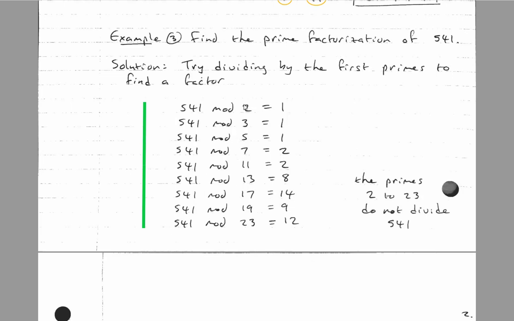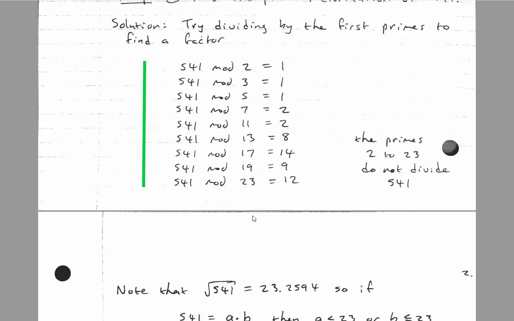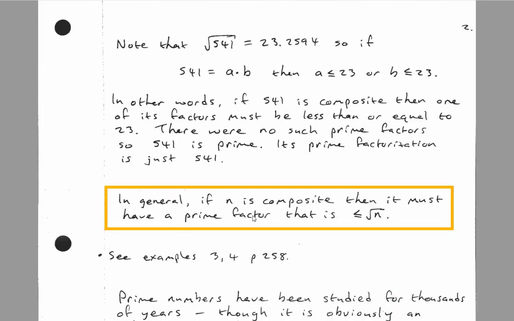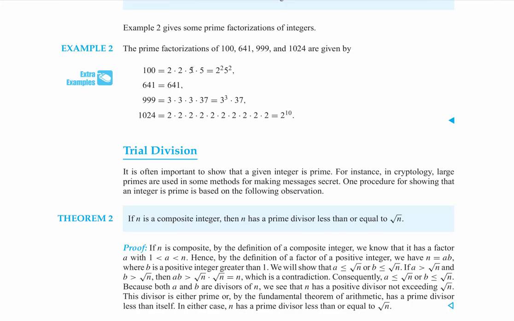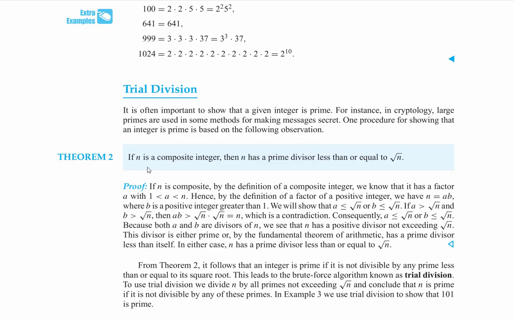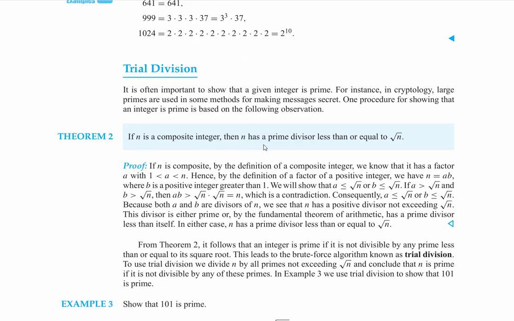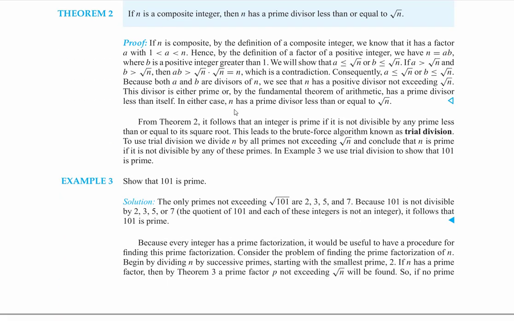So checking to see if a number is prime, just check the primes up to as far as the square root. That's as far as you need to go. Okay, that's what this theorem says.